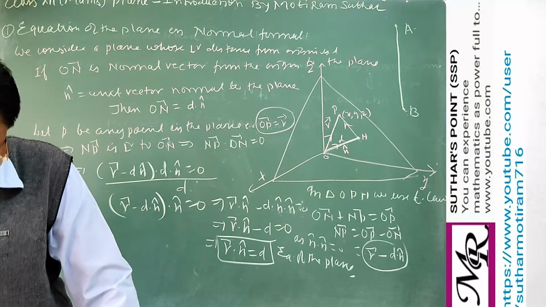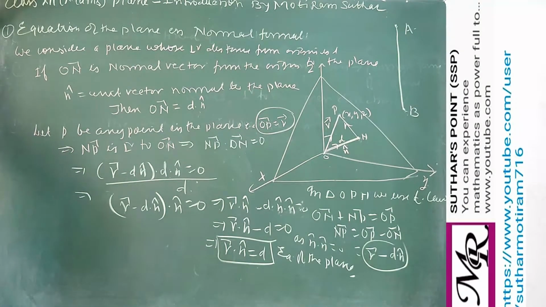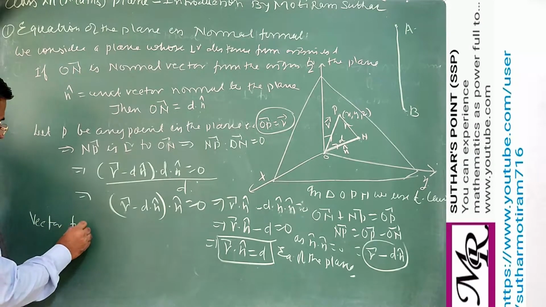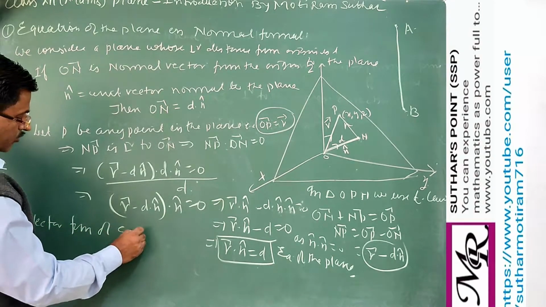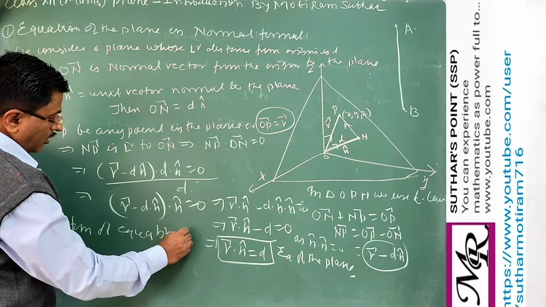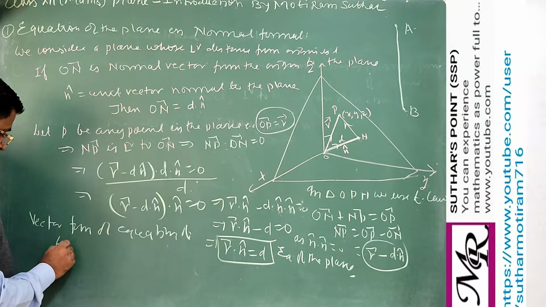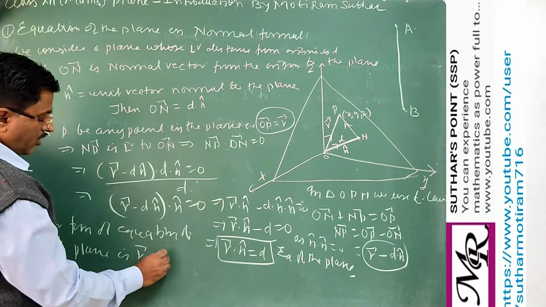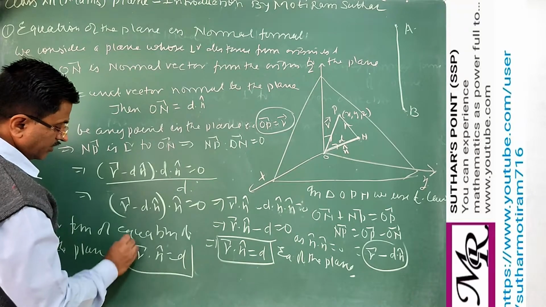This is the vector form of the equation, or you can say the normal vector form of the equation of the plane: vector r dot n cap equal to d.